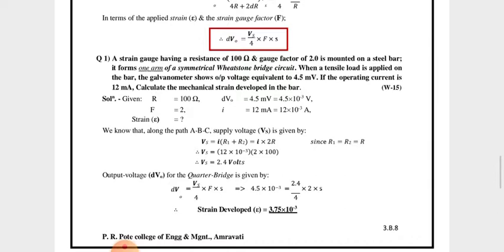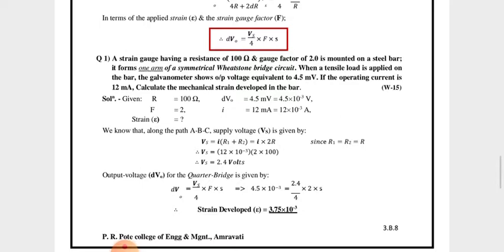We know that along the path ABC, supply voltage Vs is given by Vs equal to I into R1 plus R2, and R1 and R2 are equal, that's why I into 2R. So Vs equal to 12 into 10 to the power minus 3 into 2 into 100. From that we get Vs equal to 2.4 volts.